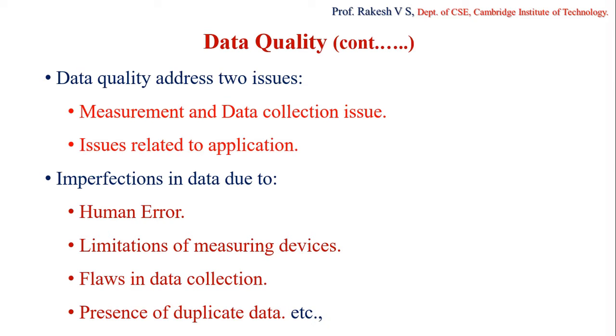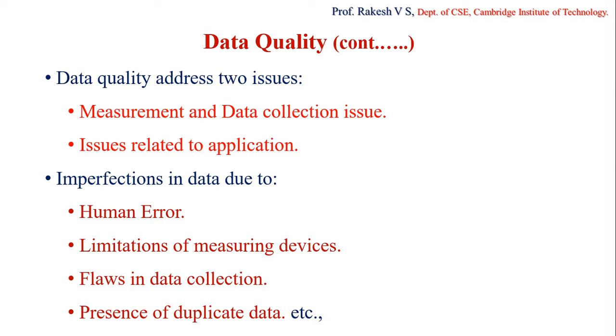The imperfection may be due to human error. Imperfection may occur due to the limitation of the measuring device. Imperfections may be due to flaws that happen during the collection of the data, or some of the values may be missing. There may be presence of duplicate data. All these are the reasons through which there might be some or the other imperfections present.